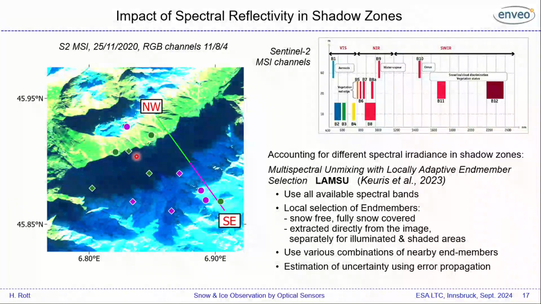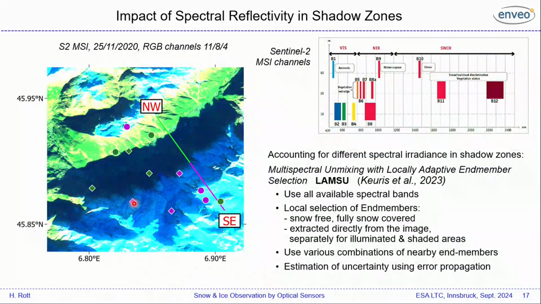And this is a shadowed zone. This is an MSI image of a site near Grenoble, and now it's near Chamonix. And I will show data along these points, the spectral curves. This is a shadowed zone.